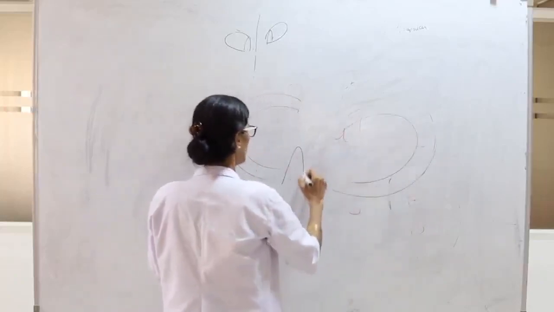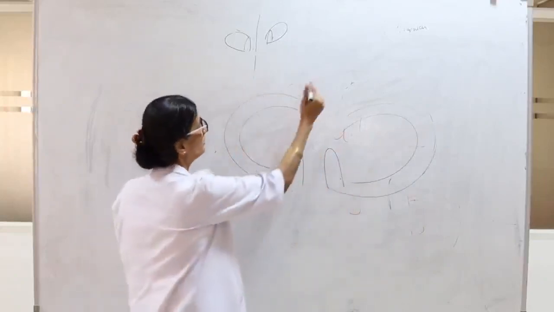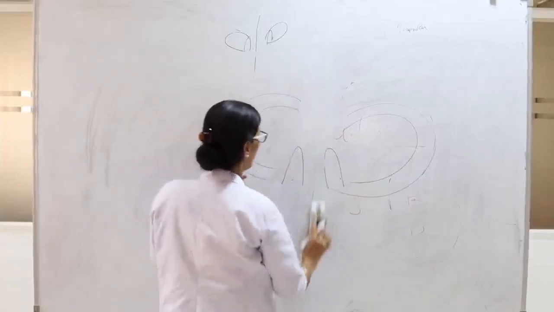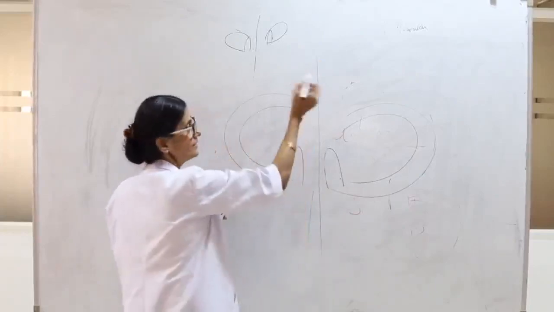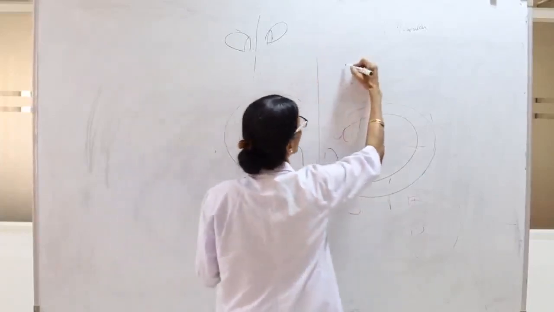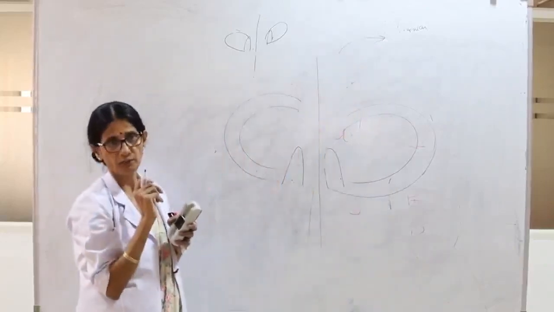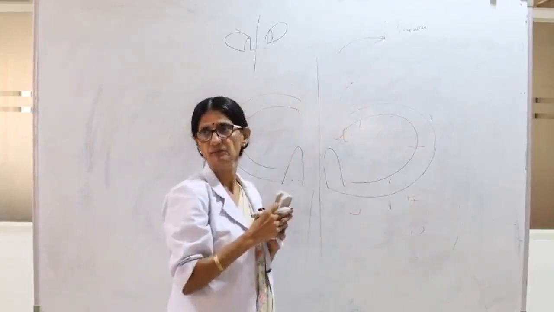So we have the crista here on either side in the ampulla, isn't it? So in a person who is upright, it is erect. Let us say that this particular person is turning the head on to the right side, isn't it? When the person tilts the head to the right side, what will happen?